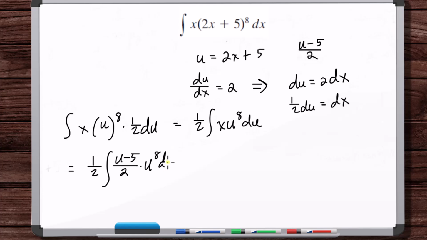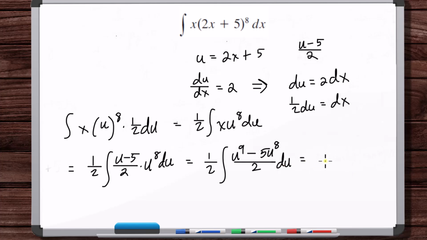And this should simplify because it gets rid of this 2x plus 5 all under the 8th power. So we've got u to the 9th minus 5u to the 8th.